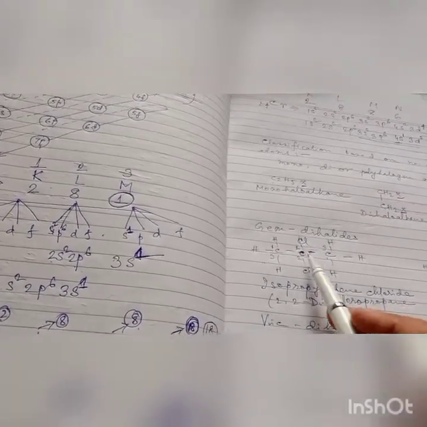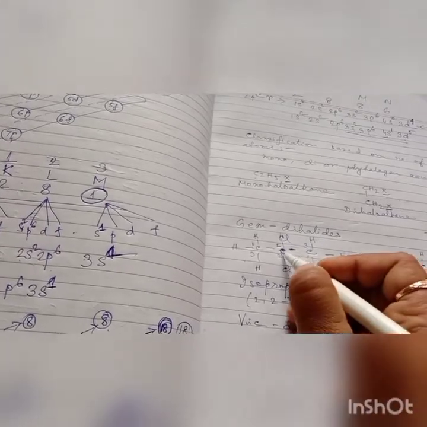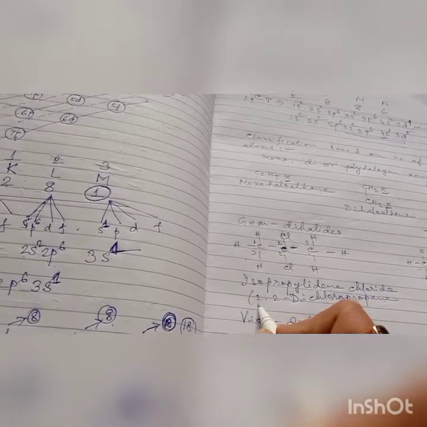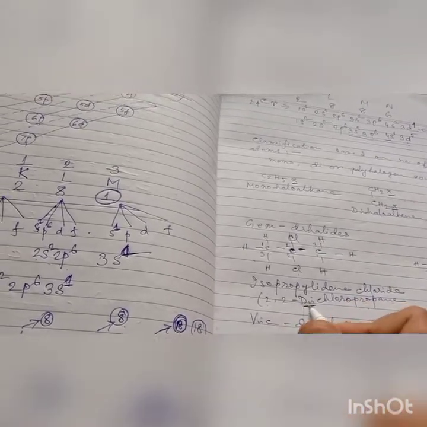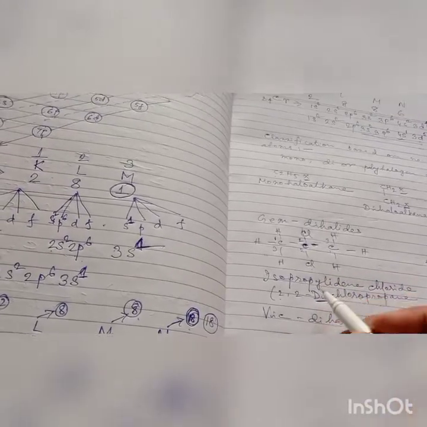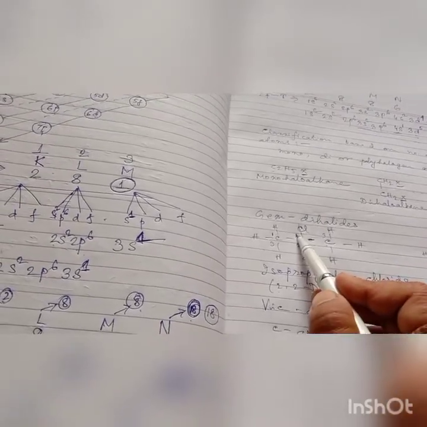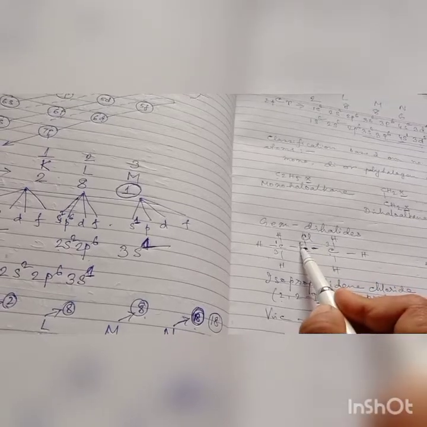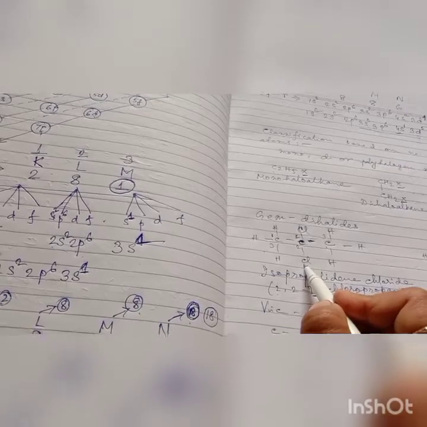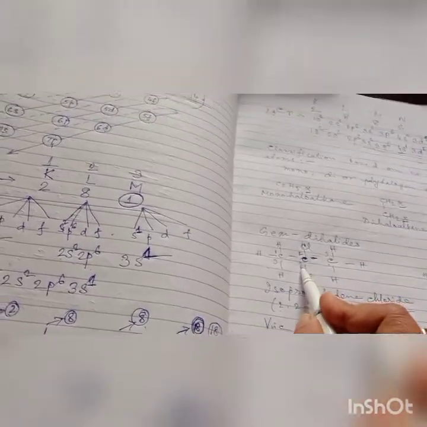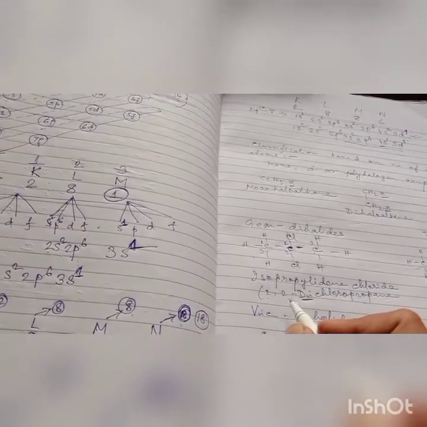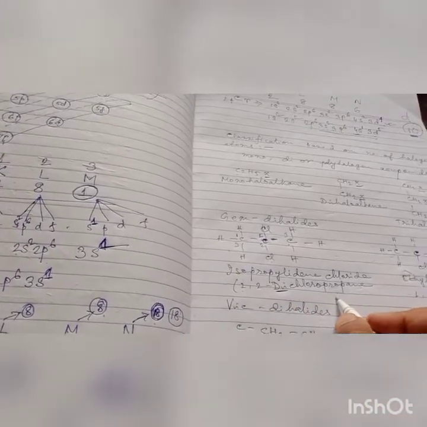And there are 2 chlorine atoms here, that is why we use di. Both chlorines are on the second carbon, so the name of the compound will be 2,2-dichloropropane.